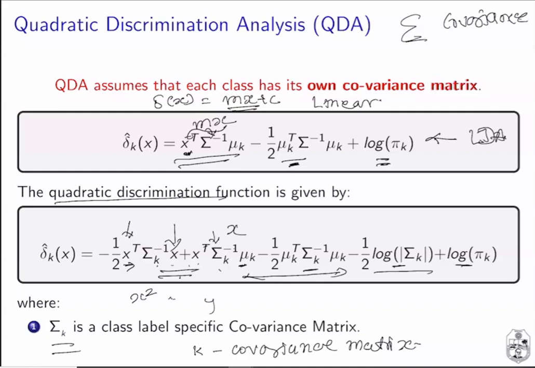So this equation takes the form of y equals ax square plus bx plus c and so on. So this is the quadratic function, and that's why this function is called the quadratic discriminant analysis function. So this is all about linear discriminant analysis and quadratic discriminant analysis. Thank you.